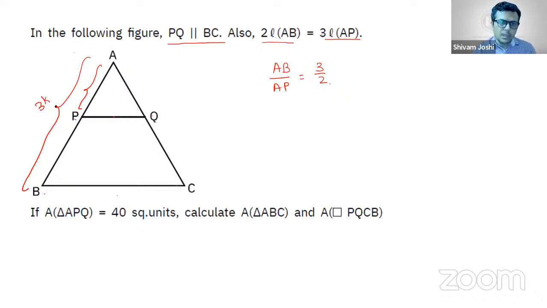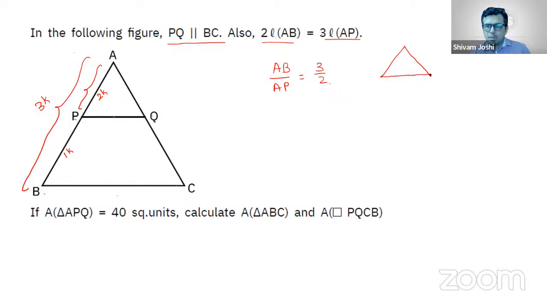You can say this is 3K. So this will be 2K. And therefore, if you want the lower part, that will be 1K. What is required? Area of APQ. Now, when it comes to area, you need to get into the similarity between the smaller triangle and the larger triangle, right? So how are you going to take the similarity?